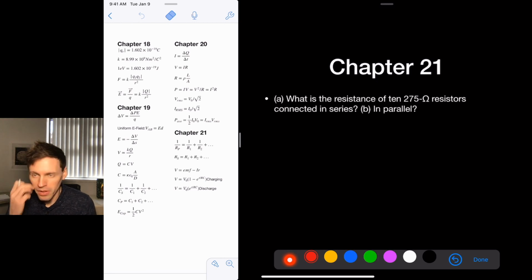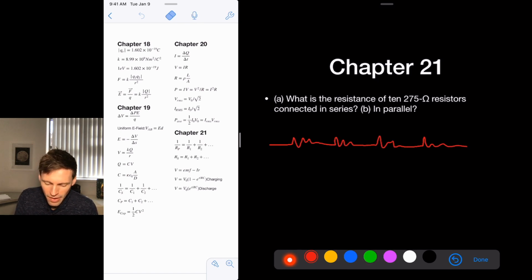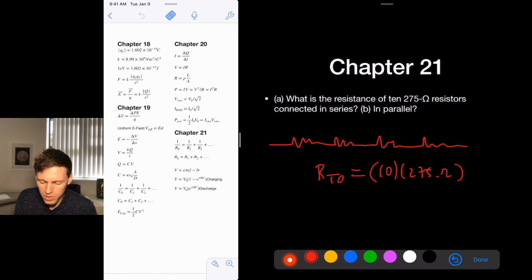Chapter 21: what is the resistance of ten 275 ohm resistors connected in series and in parallel? You're going to have 1, 2, 3, 4, up to 10. In series, the total resistance is just going to be 10 times 275 ohms.